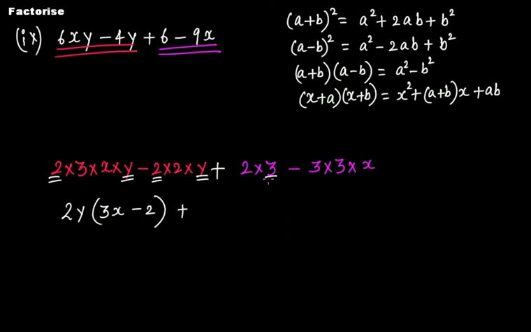Now in this case you have this 3 and this 3. Take 3 common, so 2 minus 3x. Okay, now here you have 3x minus 2, but here you have 2 minus 3x. By just a little change, you can make these two factors common. How? This is 2 minus 3x, right? So we can write this as 2y times 3x minus 2.